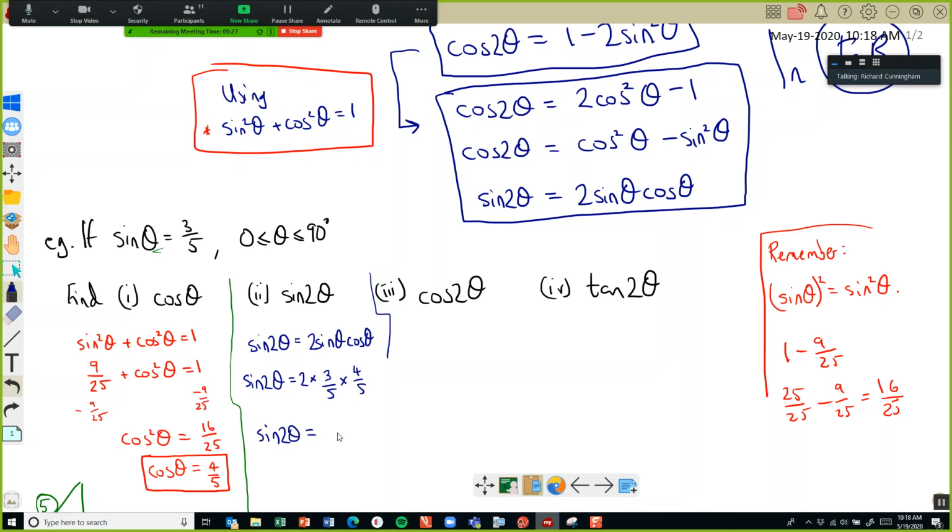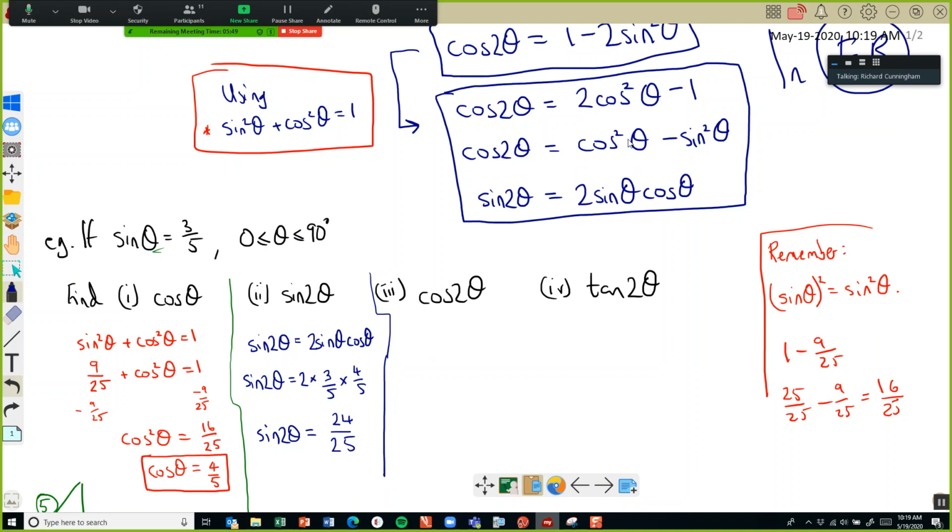Without a calculator. Yep. 2 times 3 is 6. 6 times 4 is 24. 5 times 5 is 25.